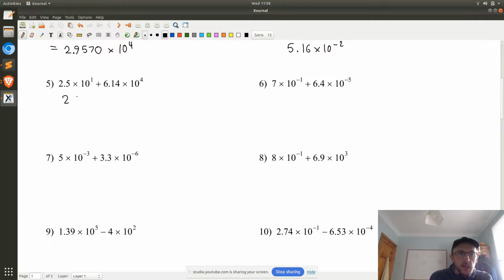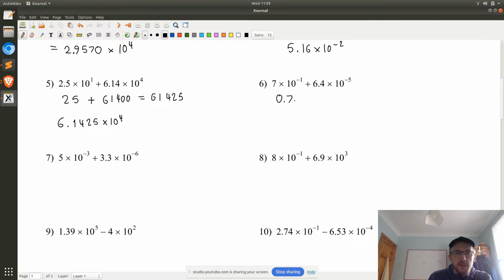This is 25, and this is 61,400. Put them together and you get 61,425, which is 6.1425 times 10 to the 4 in scientific notation.